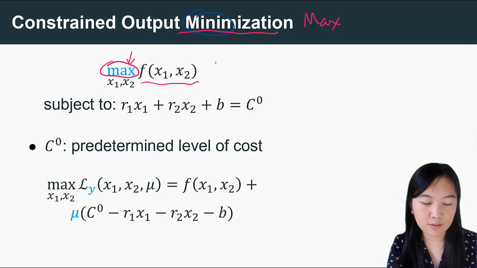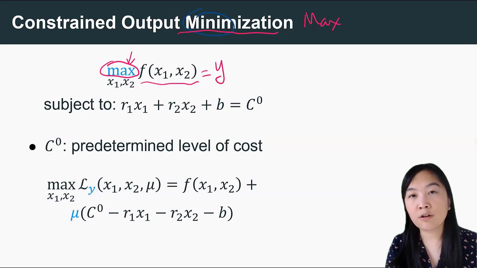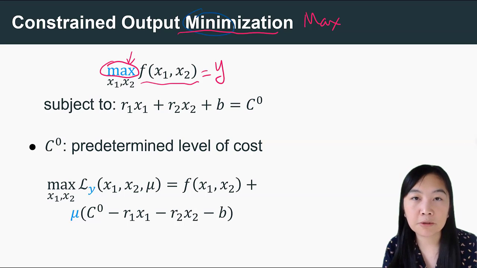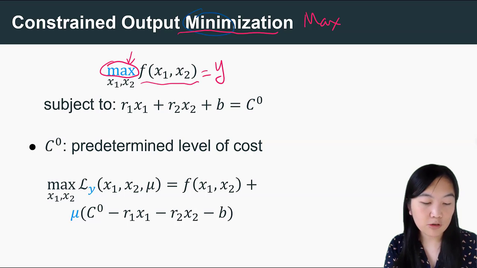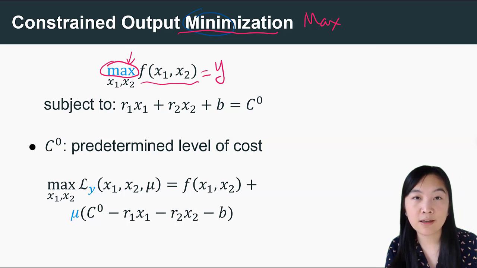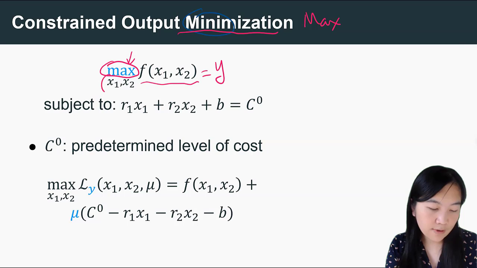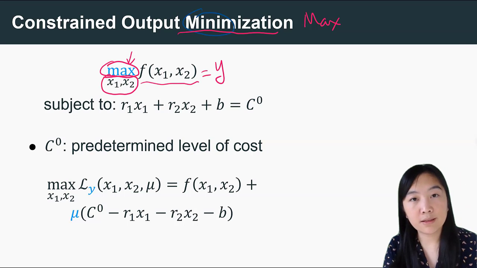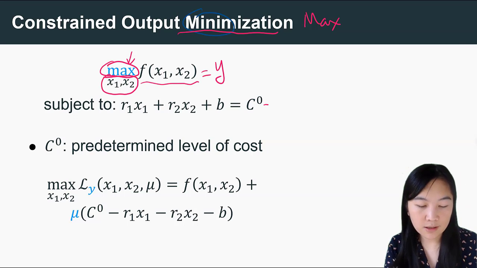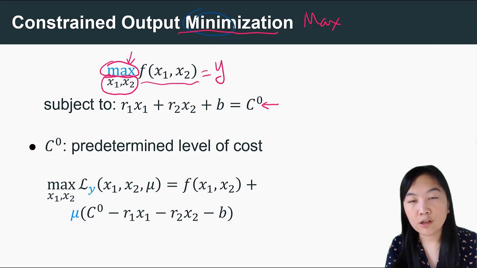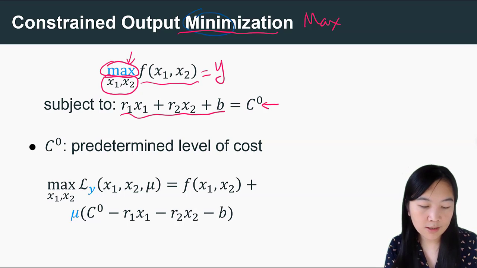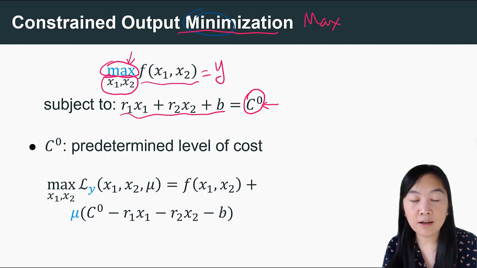Your output level is Y, and because of your production technology, or your production function, Y can be written as a function of X1 and X2. And the choice variables are X1 and X2. Then the constraint here is that your cost is equal to a predetermined level of cost.